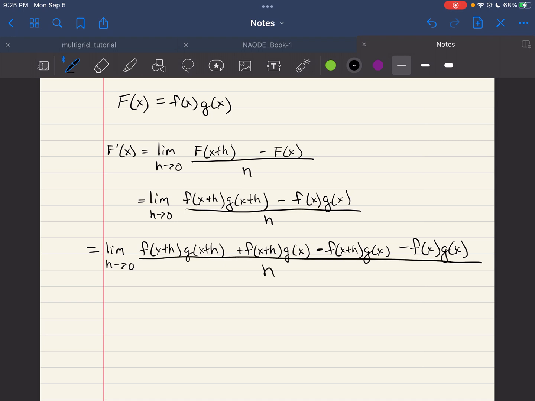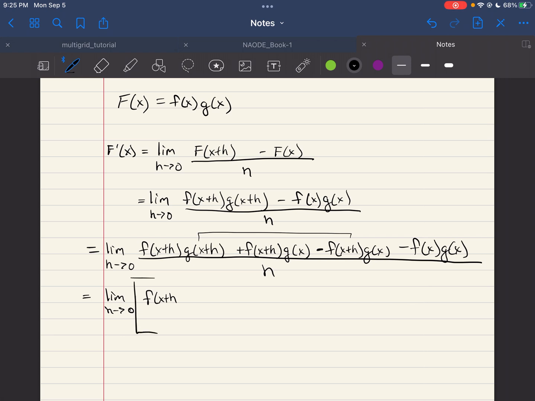So what we can do now is simplify this a little bit further. So we can factor out an f of x plus h out of, let's use these two. So then we have an f of x plus h.